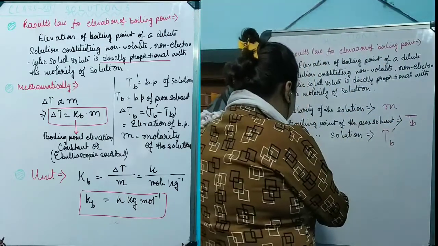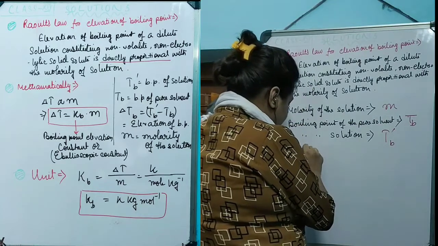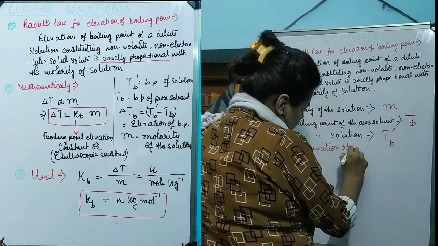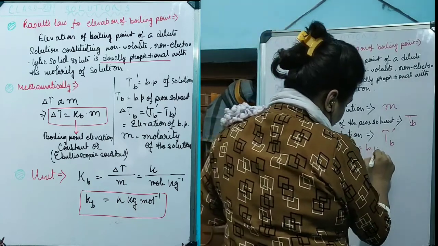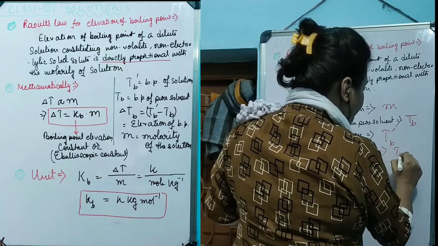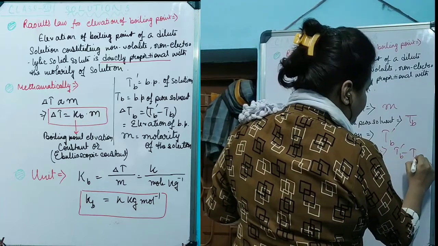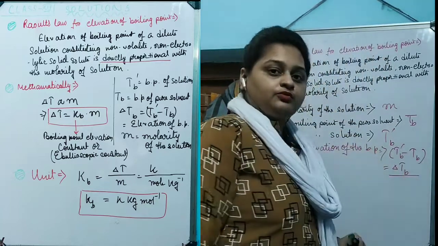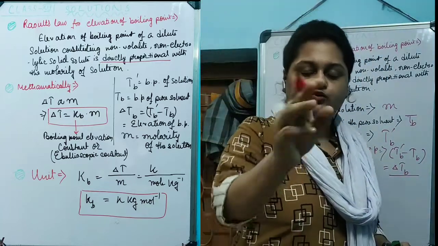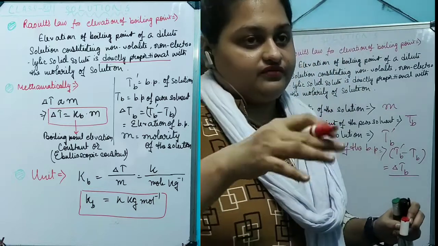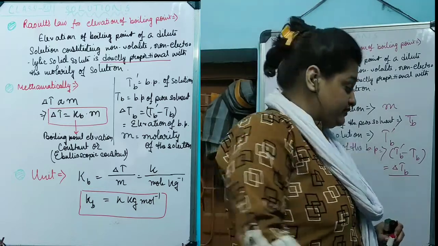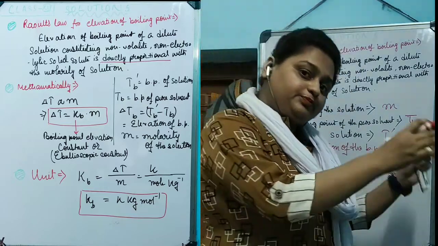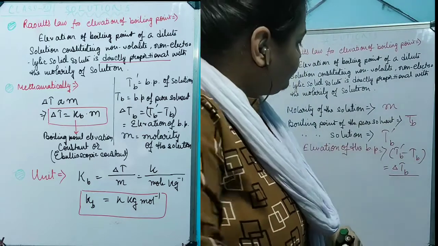So the elevation of the boiling point is found to be TB prime minus TB equals delta TB. This is the elevation of boiling point that you have observed for the solution compared to the pure solvent.